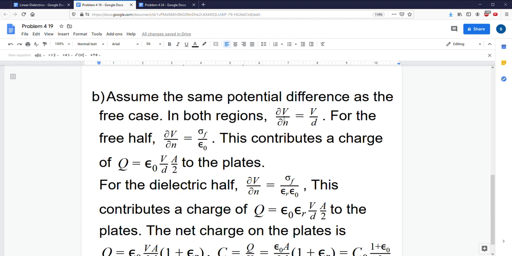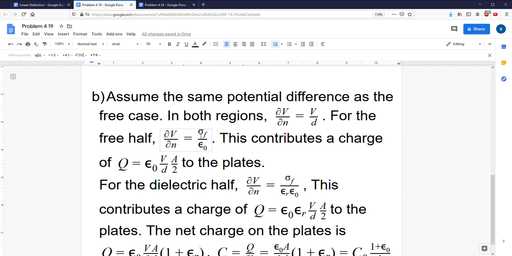Also, because we can assume things are fairly linear, we can say that this quantity dV dn is equal to the total change in voltage divided by the total distance between the two plates. For the half of the capacitor that does not have a dielectric material in it, we can then say that dV dn is equal to sigma F over epsilon naught.